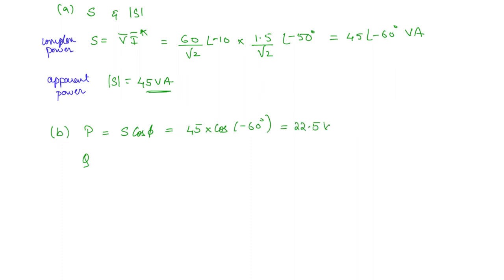The unit is watts. And Q is going to be S sin φ, so 45 into sine of −60. This gives −38.97 volt ampere reactive, which is the unit. What you can observe here is that Q is negative. As we have discussed, it means that it is a capacitive load.